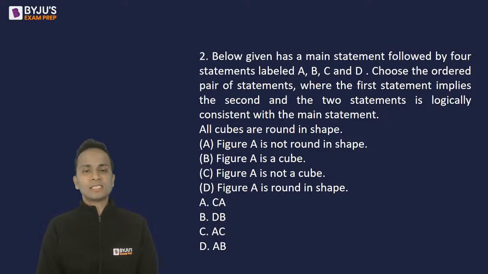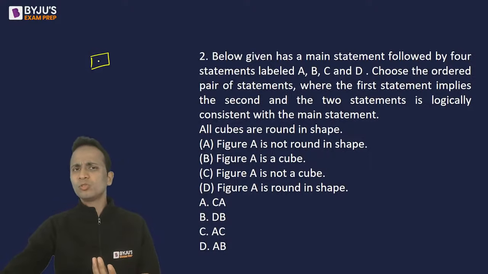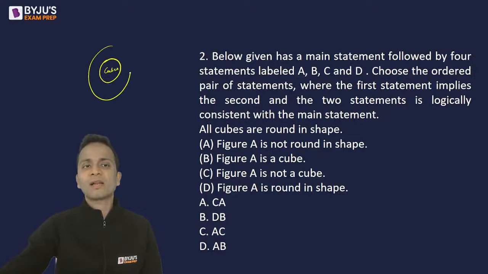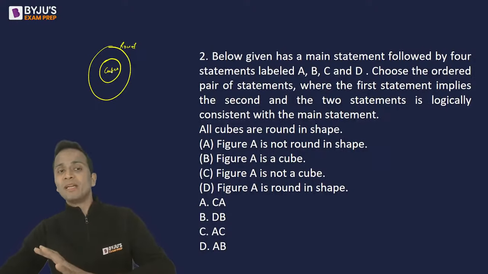So the main statement is all cubes are round in shape. So let's say these are cubes. I'll use the approach of Venn diagrams. I'll make a circle for cubes. So all cubes are round in shape. So a figure which is a cube will be round.